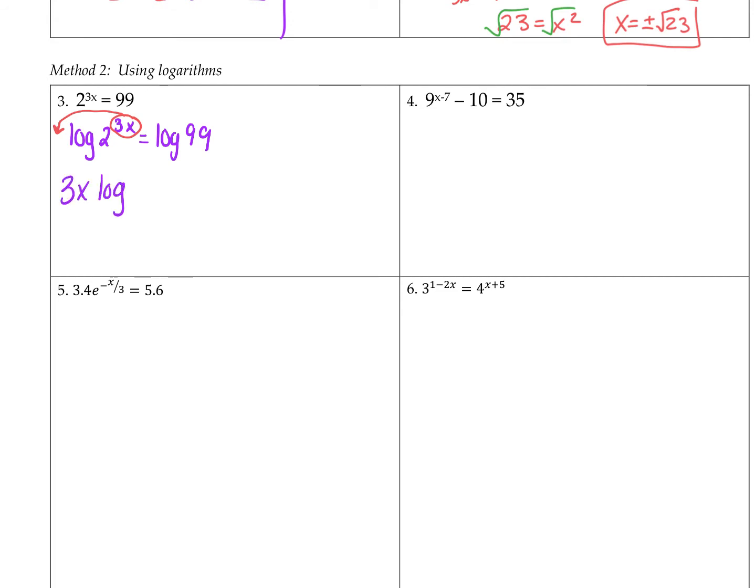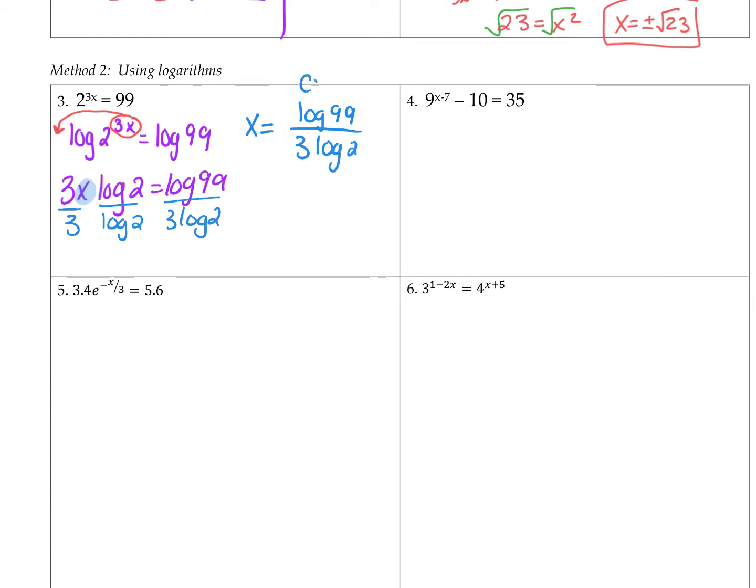So I'm going to have 3x times log 2 equals log 99. So I want to get this x alone. So I'm going to divide by 3 and log 2 to both sides. And so my x would equal log 99 over 3 log 2.